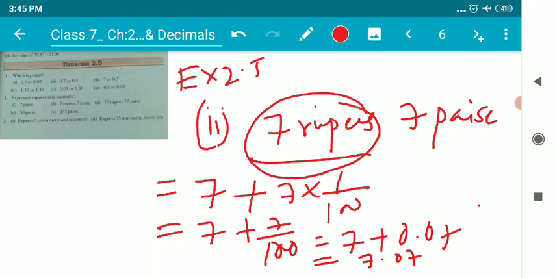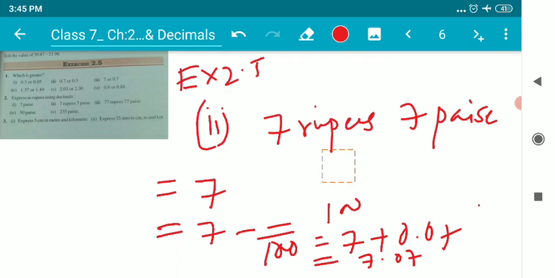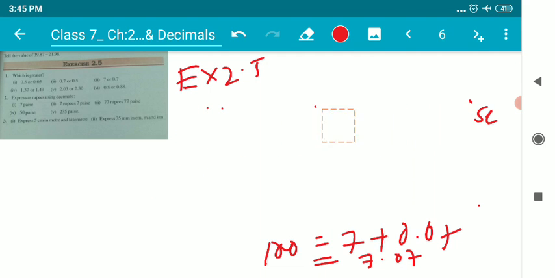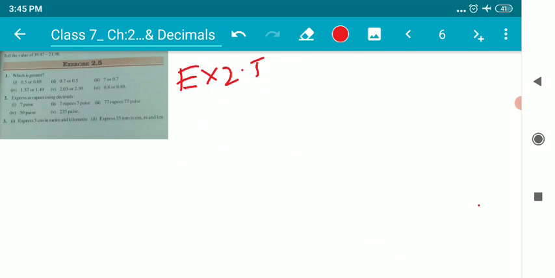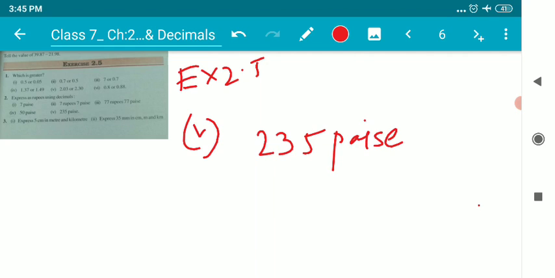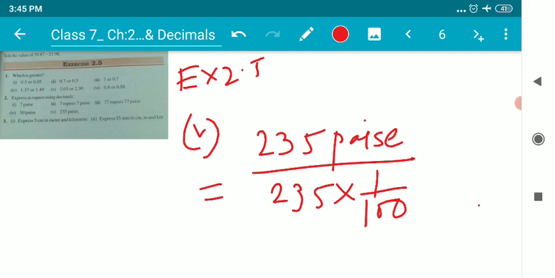Let me explain question number 5, to be done in a similar process. Question number 5 is about 235 paise. So how will we convert this 235 paise into rupees? We'll just write 235 into 1 by 100.